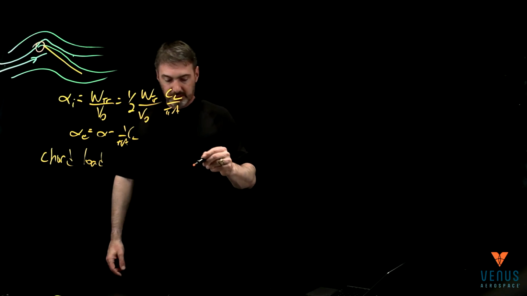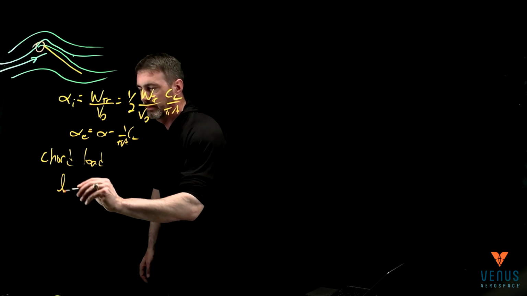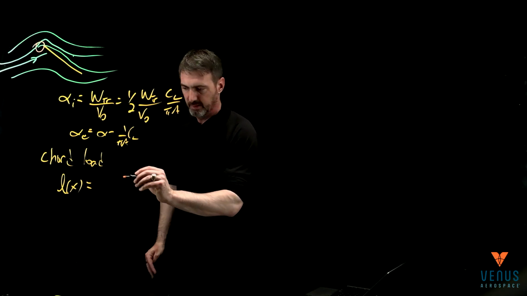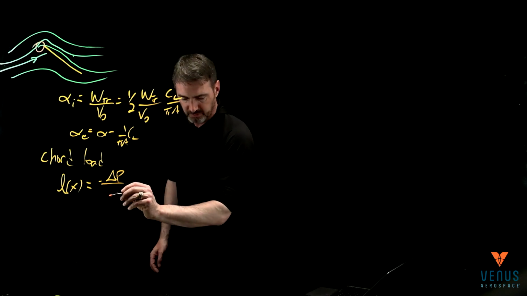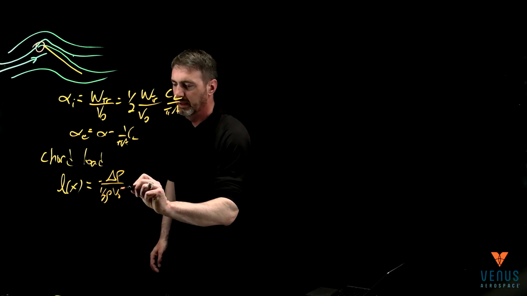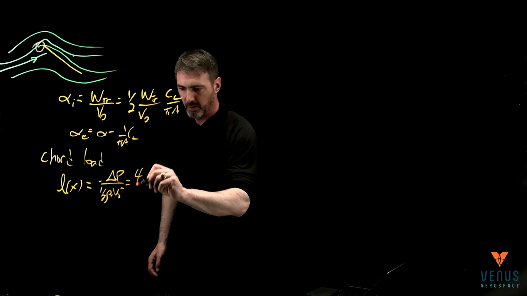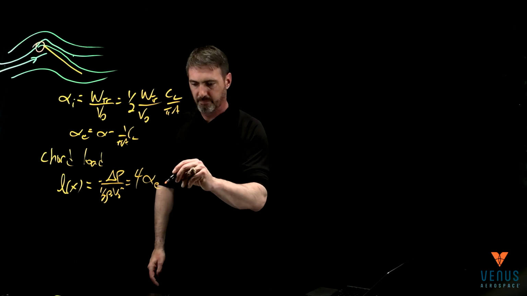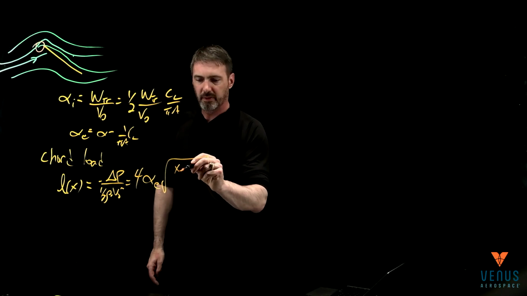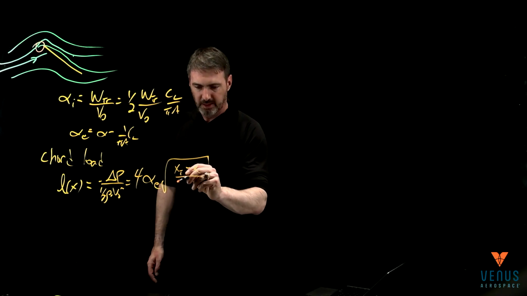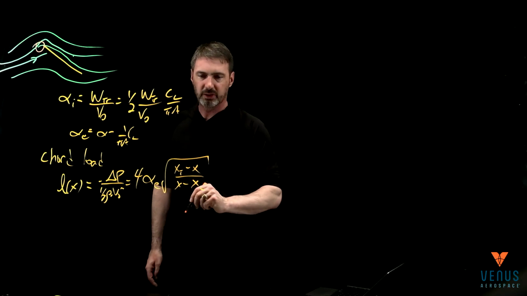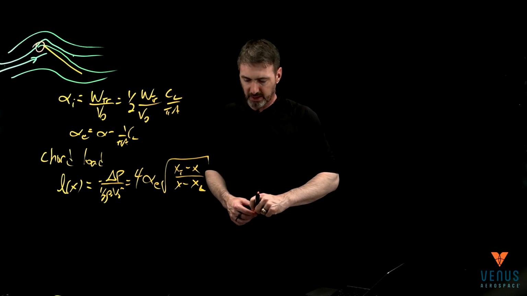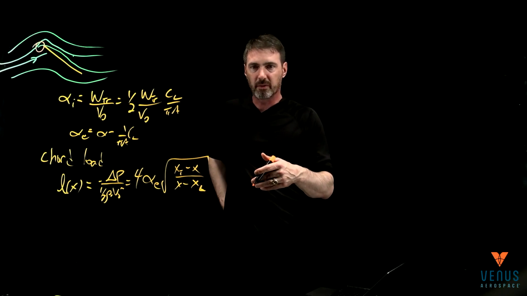The loading as a function of x along the chord is, by definition, the change in pressure normalized by the dynamic pressure, and that is 4 times the effective, not actual, angle of attack, and then the square root of the trailing edge minus x over x minus the leading edge, L. So it's got a final form. Again, the book didn't derive it, so you're welcome to go take a look. Some of this comes from the solved analytical forms.